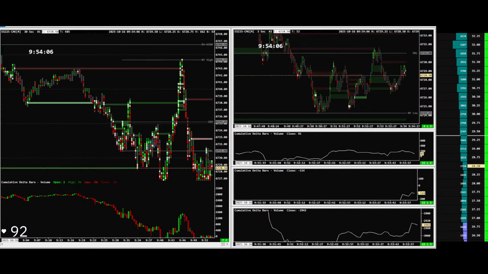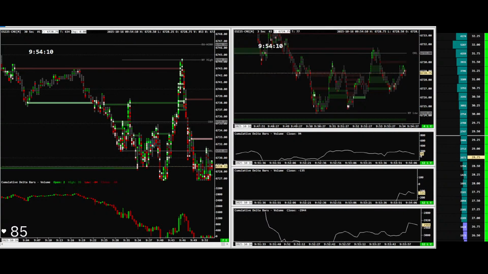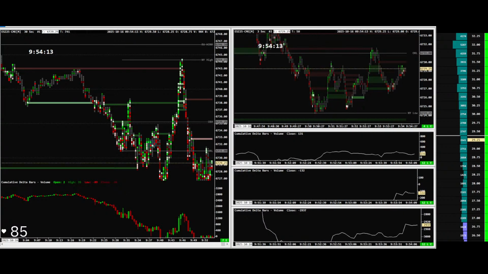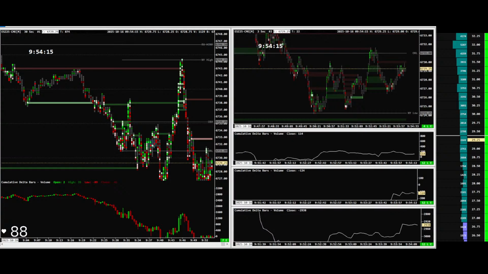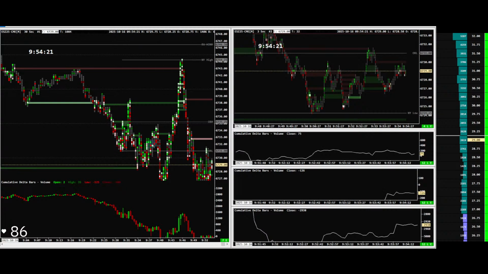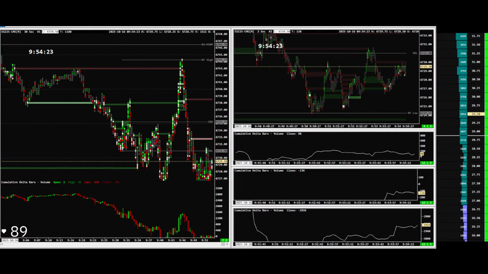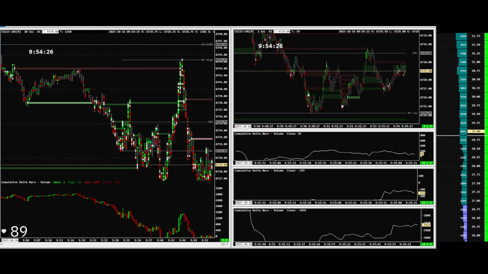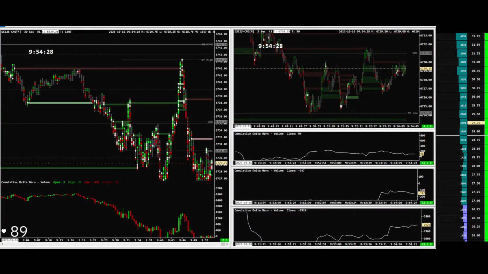Right here, 2, you're in this green box. But the problem with being in this green box is you have like 2 factors right below you at 28. Even though 2 is low, they could still bounce it. So if I get into this, it's not a clean run. It could just chop in here.